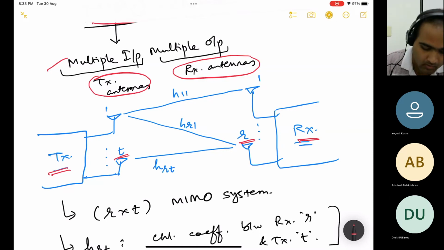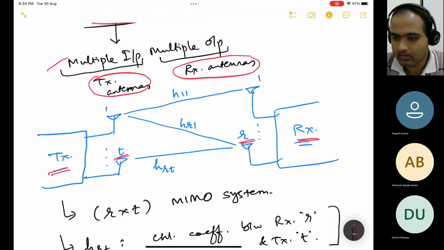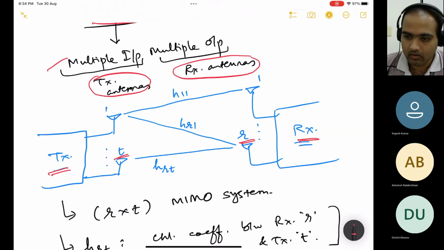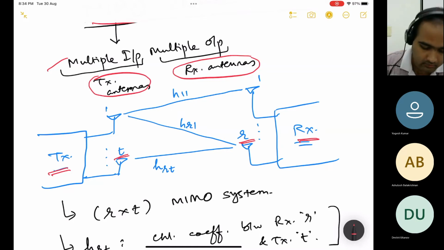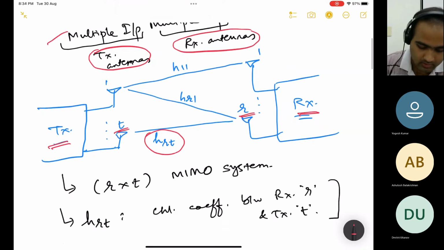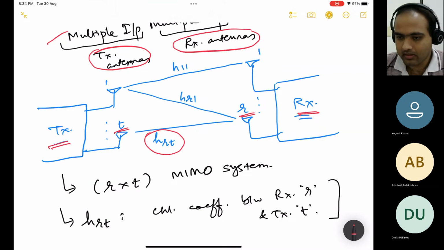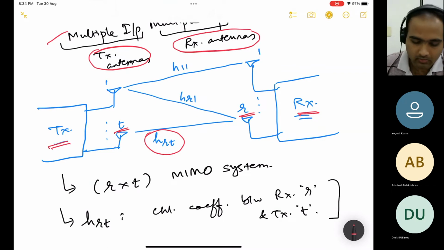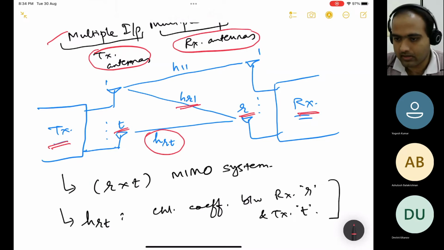And you should note that there will be a channel between each antenna on either side. It will be denoted by H with subscript RT. Here R represents the receive antennas, T represents the transmit antennas. For instance, H_R1 means the channel gain between some general receive antenna R and transmit antenna 1.